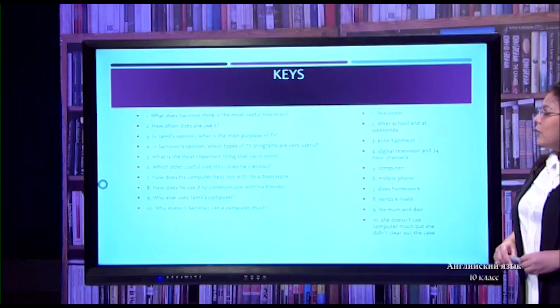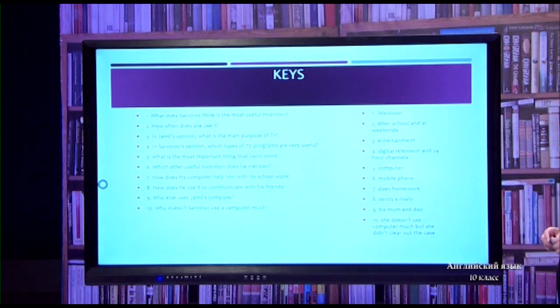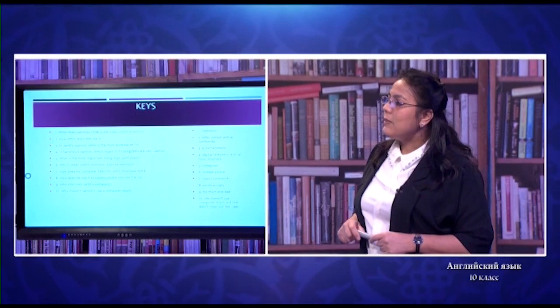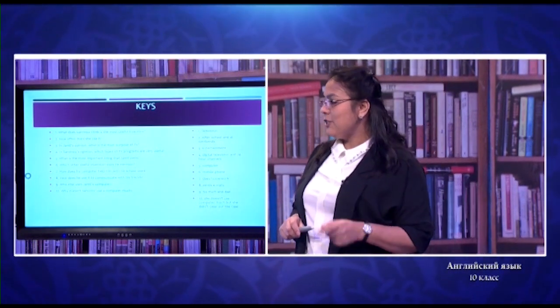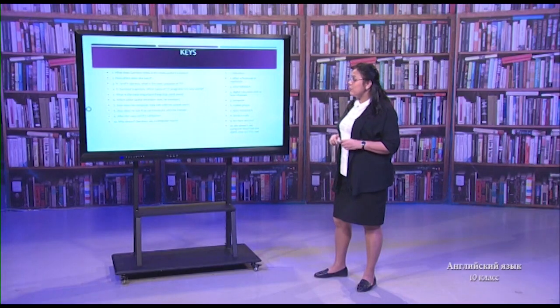Fifth question, what is the most important thing that Jasur owns? He said that the most important thing he owns is the computer. Sixth one, which other useful invention does he mention? He mentioned that mobile phone is the other useful invention.